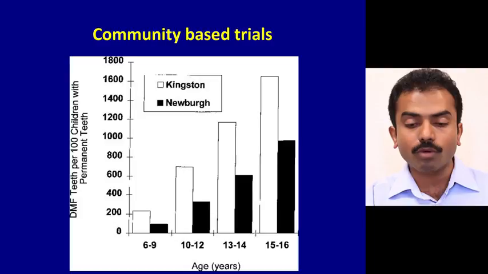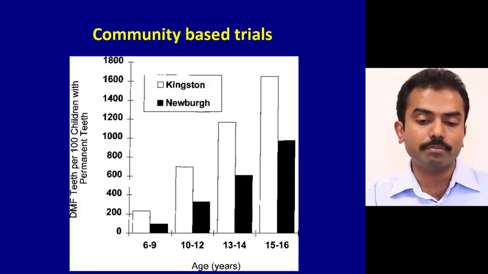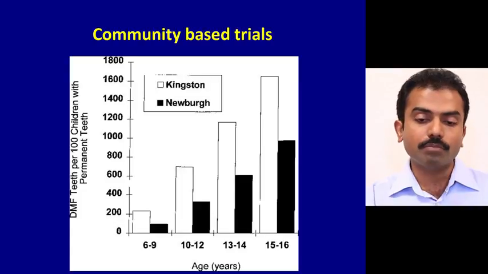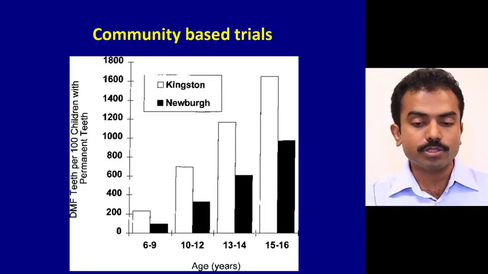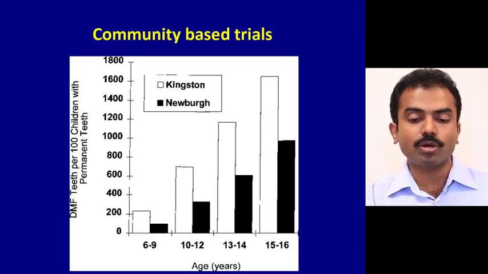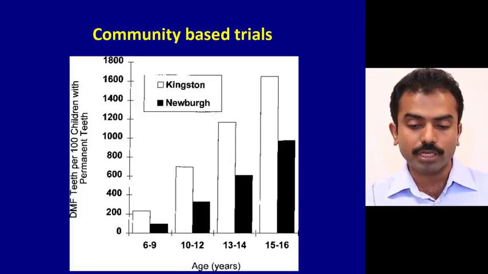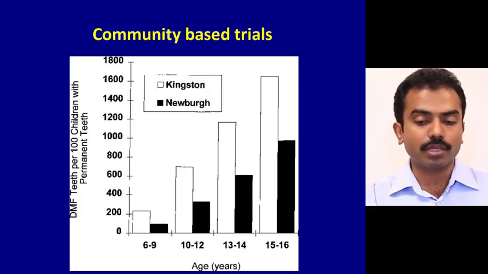A sort of counterpart in experimental studies for ecologic is a community-based trial. Remember the example of fluoridation and dental caries? This is a community-based trial that happened in New York, where they actually took two communities, Kingston and Newburgh, with similar rates of dental caries to begin with, and fluoridated the water supplies of one community, in this case Newburgh, and did not fluoridate the water supplies of the other community.